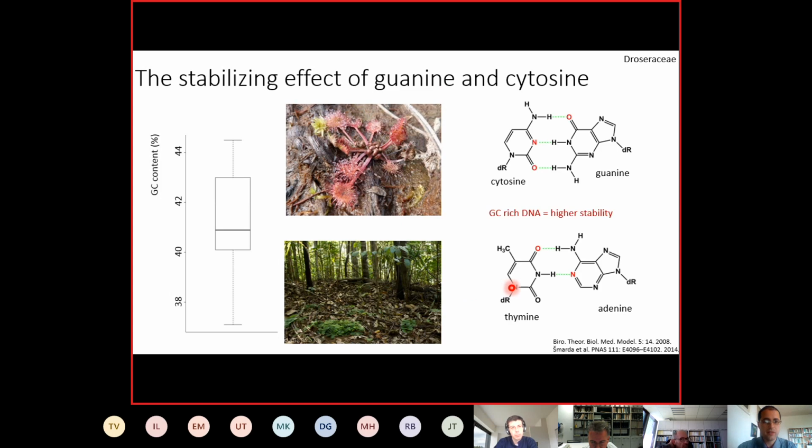And what mechanism is behind this? It's called the stabilizing effect of guanine and cytosine, because guanine and cytosine in DNA are connected by triple bond, in contrast to thymine and adenine, which are connected only by double bond.